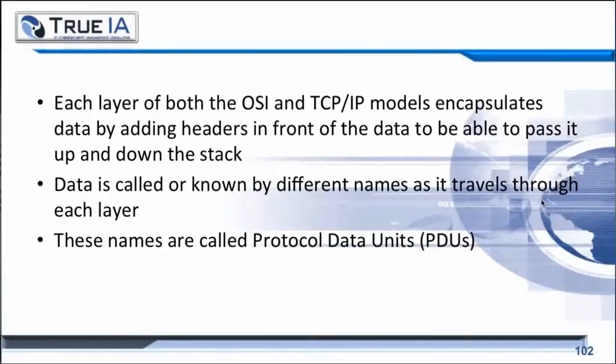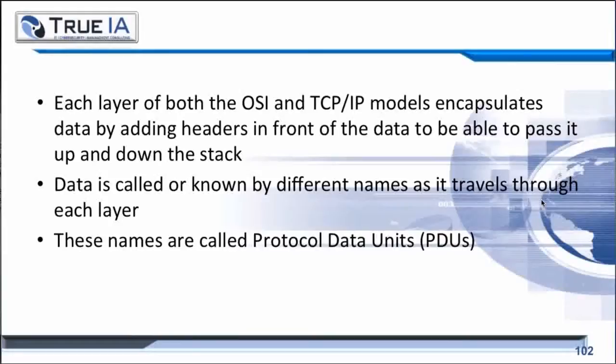So with each layer of both the OSI and the TCP/IP model, we deal with a method called encapsulation. These models encapsulate data by adding headers in front of the data to be able to pass it up and down each of these models' stack. The data is known by different names as it travels through each layer.